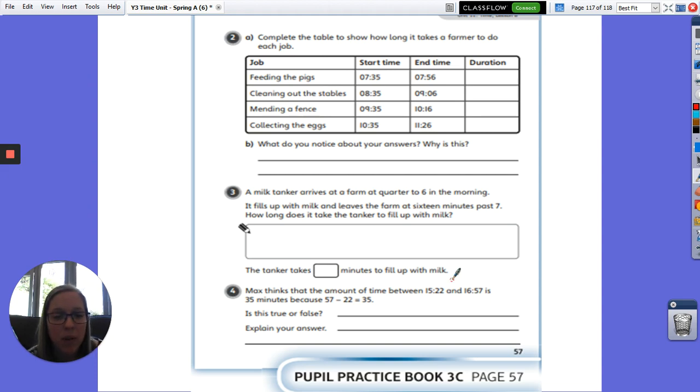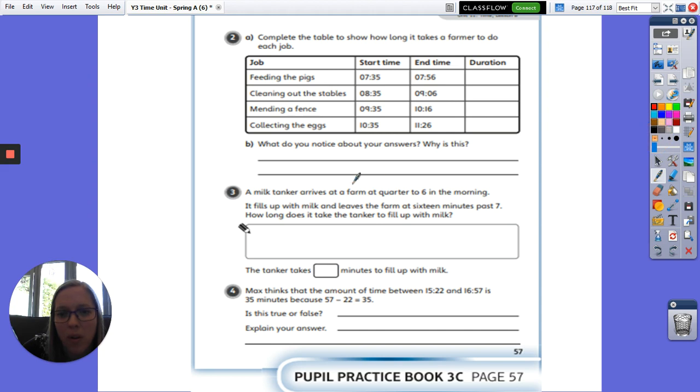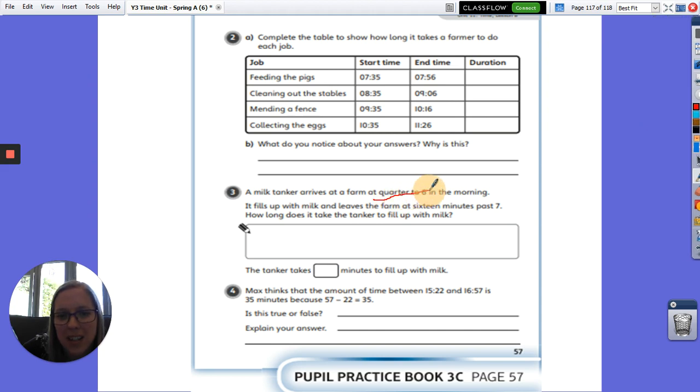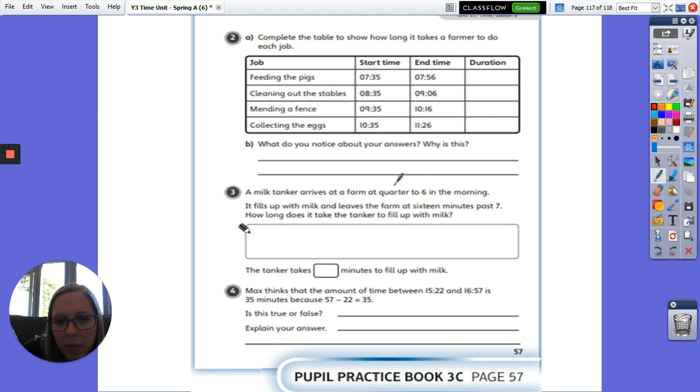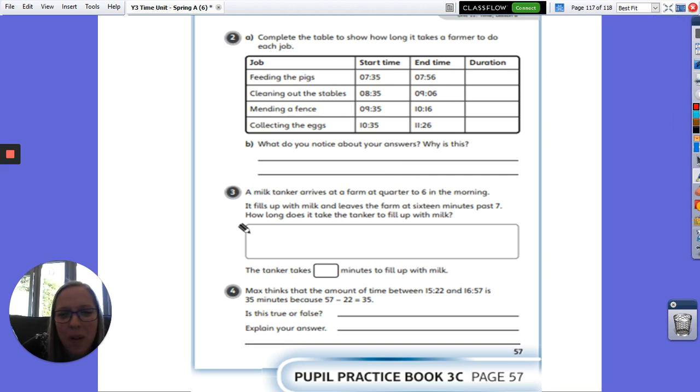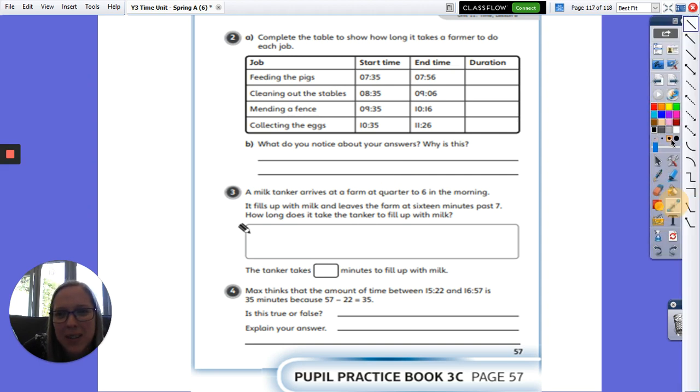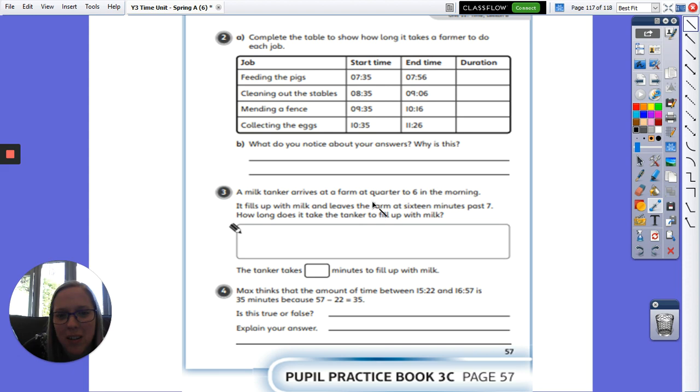And here's a problem then. A milk tanker arrives at a farm at 5:45 in the morning. So the tricky bit here is you identifying what 5:45 means. My drawing of my lines is really wobbly, isn't it? What does 5:45 mean? Let me do a straight line and then it might actually make sense. What does 5:45 actually mean?